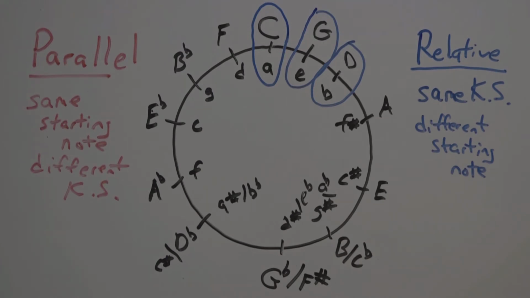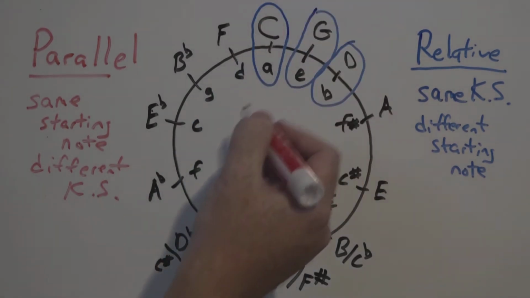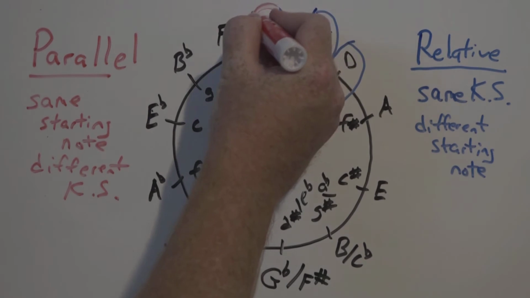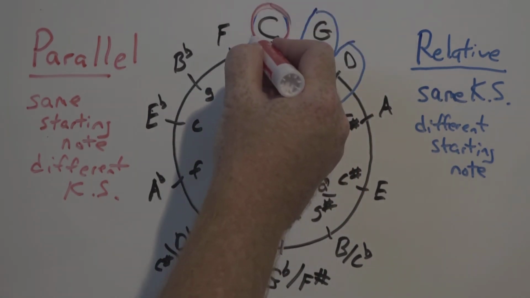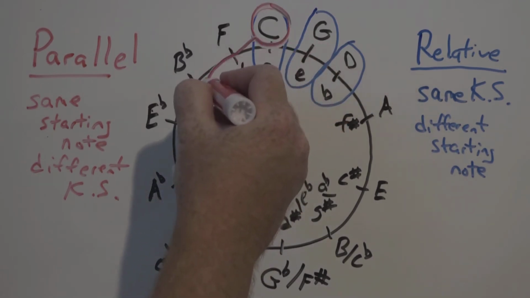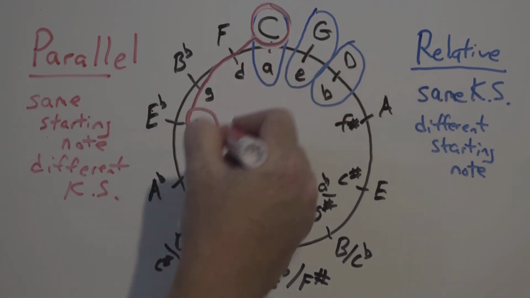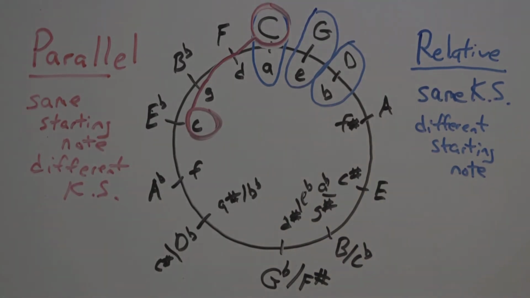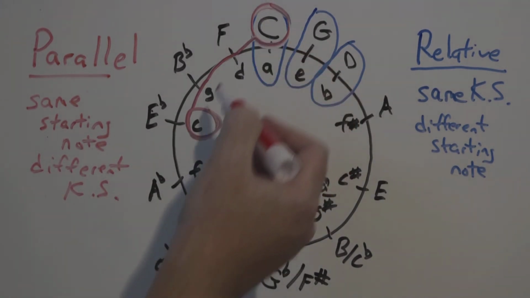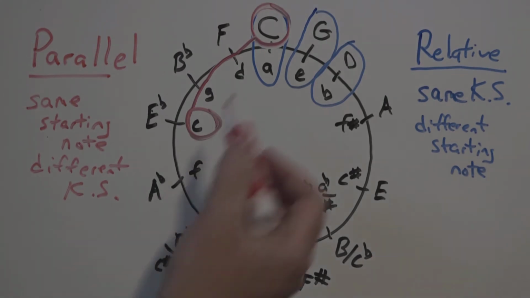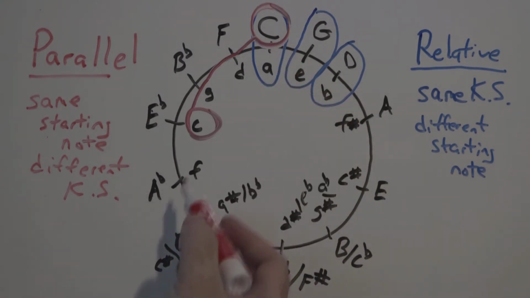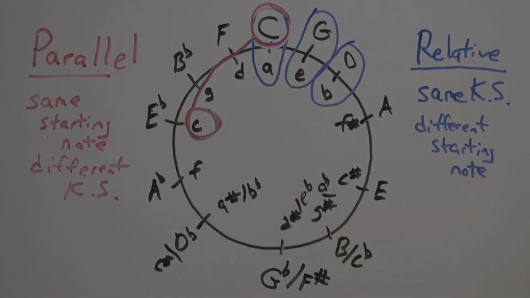And the best way to find that is to look for the same note. Here we have C major, and over 3 spots, 1, 2, 3, we have C minor. So C major and C minor are parallel keys. They both start on C, but C major has no sharps or flats, and C minor has 3 flats.